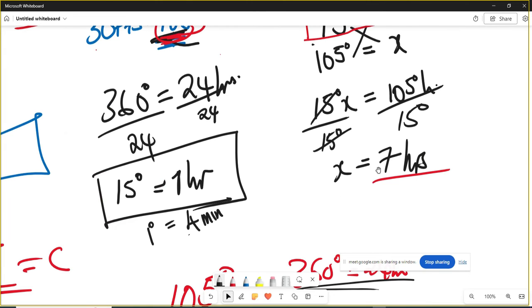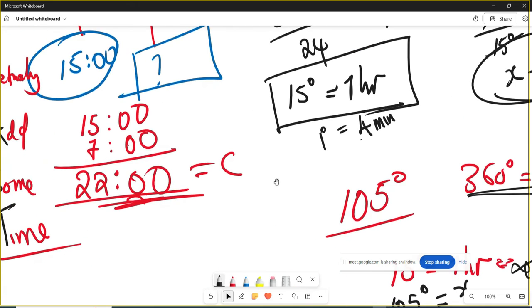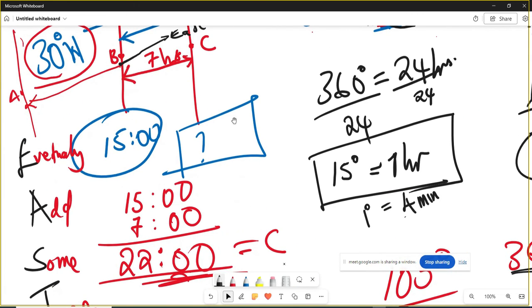This 7 hours represents the difference in time between point B and C. Furthermore, we know that the time at B is 15 hours, as given in the question. What's the time at C?